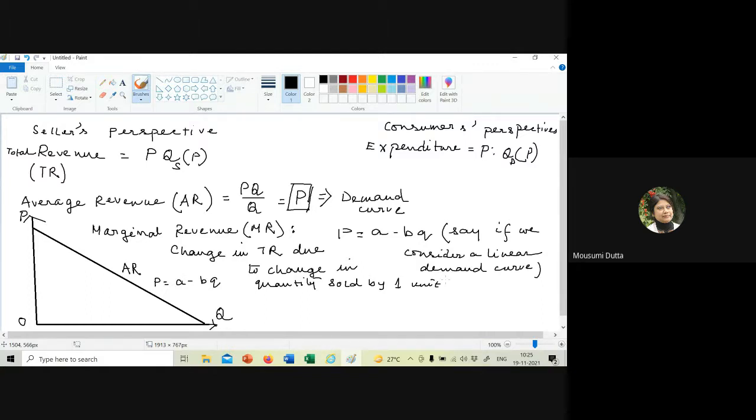It is the change in total revenue due to change in quantity sold by 1 unit. Marginal revenue is the change in total revenue due to change in quantity sold by 1 unit.